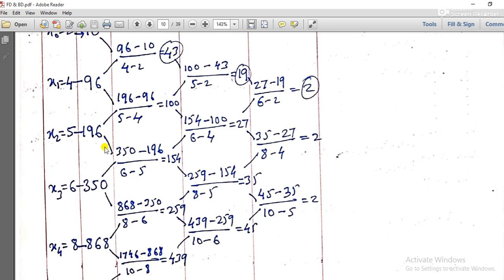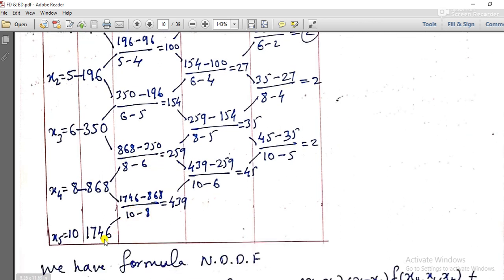Next, 350 minus 196 divided by 6 minus 5 is 154. Next, 868 minus 350 divided by 8 minus 6 is 259. And last, 1746 minus 868 divided by 10 minus 8 is 439.